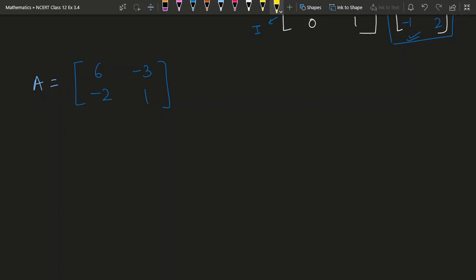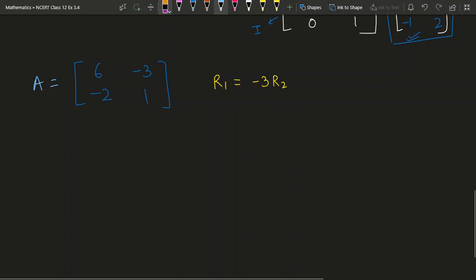In this case, you can clearly observe that row 1 is just equal to negative 3 times row 2. So negative 2 times negative 3 gives you 6, 1 times negative 3 gives you negative 3.